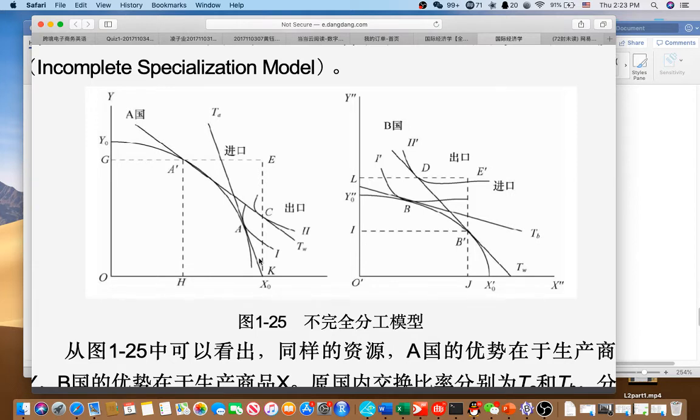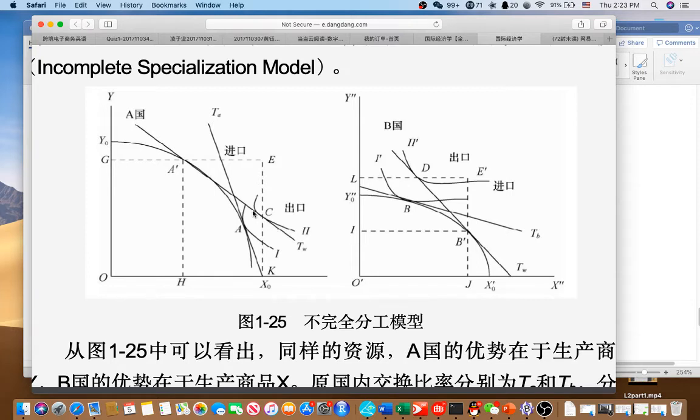After the trade, the indifference curve shifts to number 2, and it intercepts with the PPF at A prime at this coordination. Their intercept connects A prime and C with slope equal to relative price.